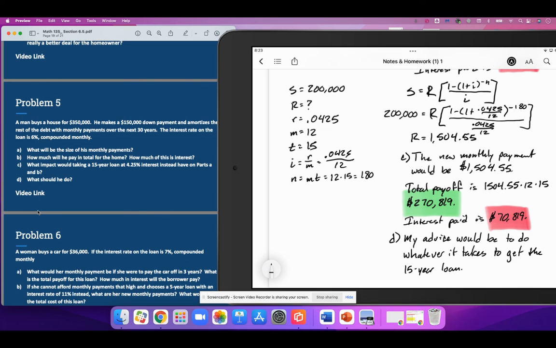Okay, and this saves the buyer about 160,000 bucks, and 15 years of payments.